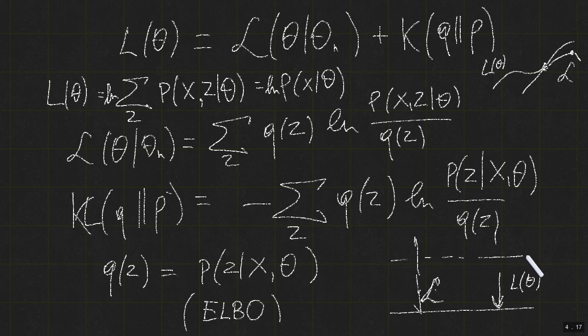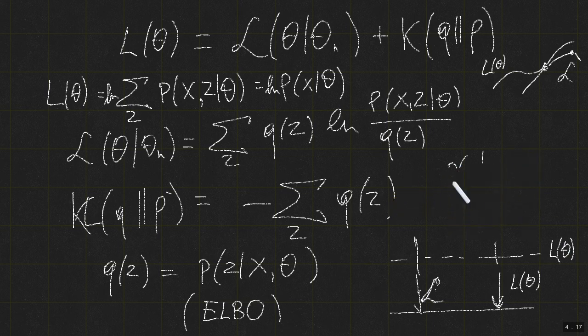That's our previous value of L, theta. Let me remove that. We won't need this. Need more room. So I've increased this, and as a side effect, in the maximization step, I've increased my log likelihood.